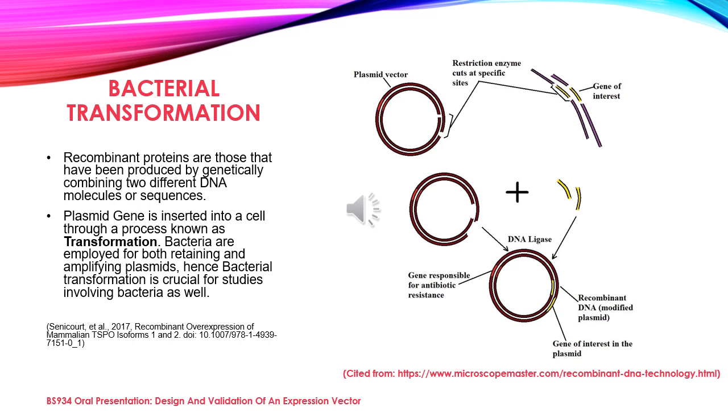This is known as bacterial transformation. Bacteria are employed for both retaining and applying plasmids. Hence, bacterial transformation is crucial for many studies in laboratories to know the genes and to also combat different things like diseases.